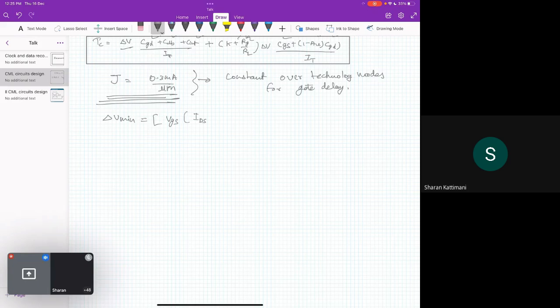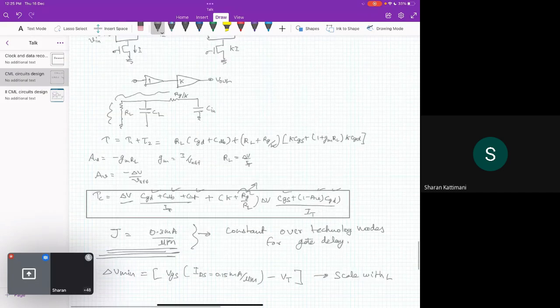So IDS is equal to 0.15 milliampere per micrometer times (VGS minus VT). So this will scale with L. Okay, so this is about the CML logic.